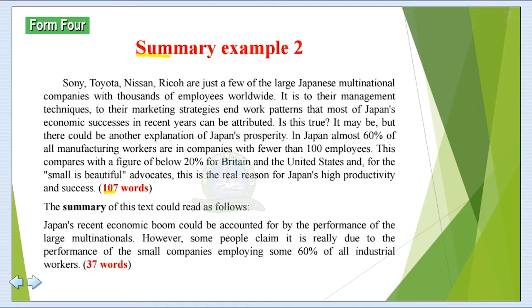Okay, summary example 2. Sony, Toyota, Nissan, Ricoh are just a few large Japanese multinational companies with thousands of employees worldwide. It is to their management techniques, their marketing strategies and work patterns that most of Japan's economic successes in recent years can be attributed.